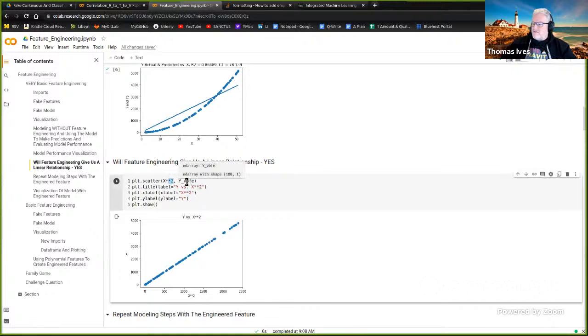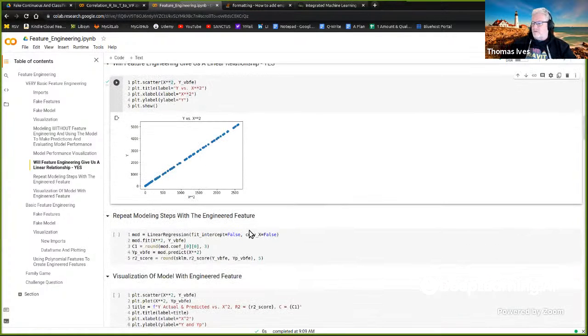And we look at that against the Y for very basic feature engineering that we did in profit mode. Now, yes, we have a linear relationship, but remember it's x squared versus our labels versus our Y.